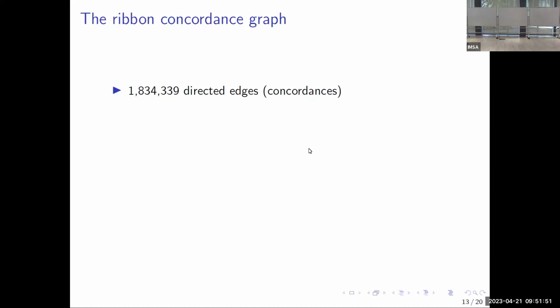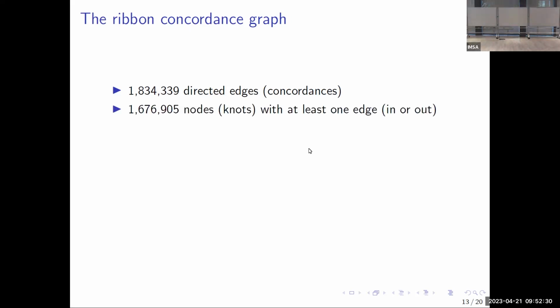What we did was make a graph: of these 4 million knots that satisfy the basic conditions for topological sliceness, you draw a directed edge from one knot to another if there's a ribbon concordance from that knot to the other knot. We found 1.8 million concordances, so that's 1.8 million directed edges in this graph.